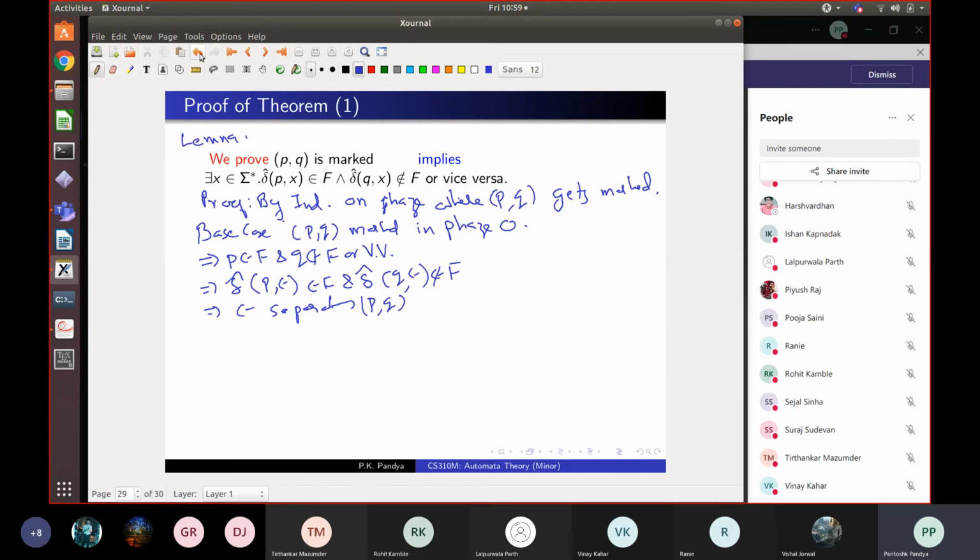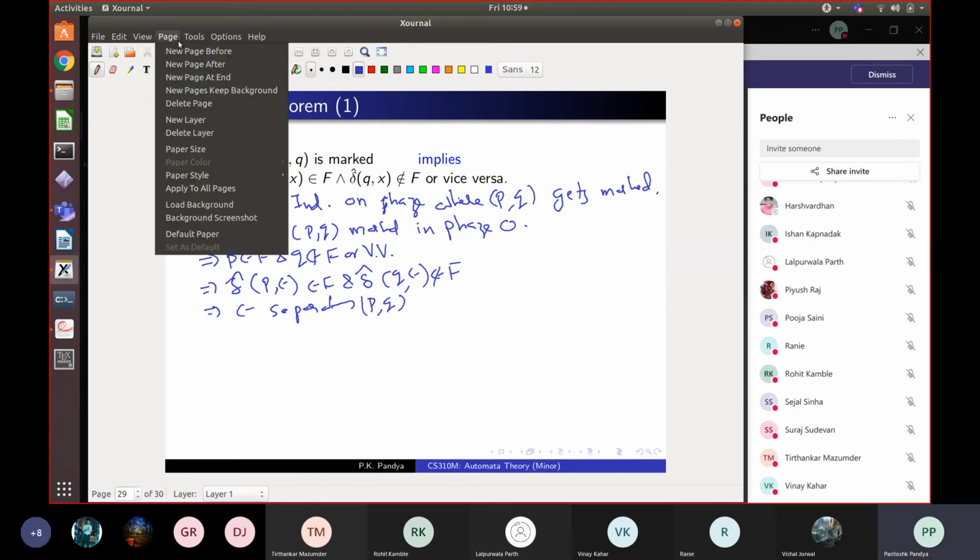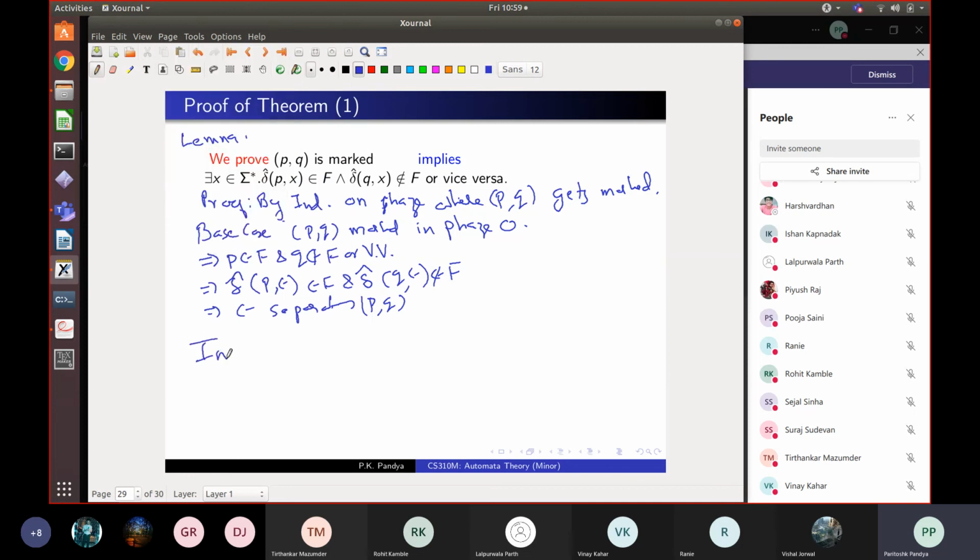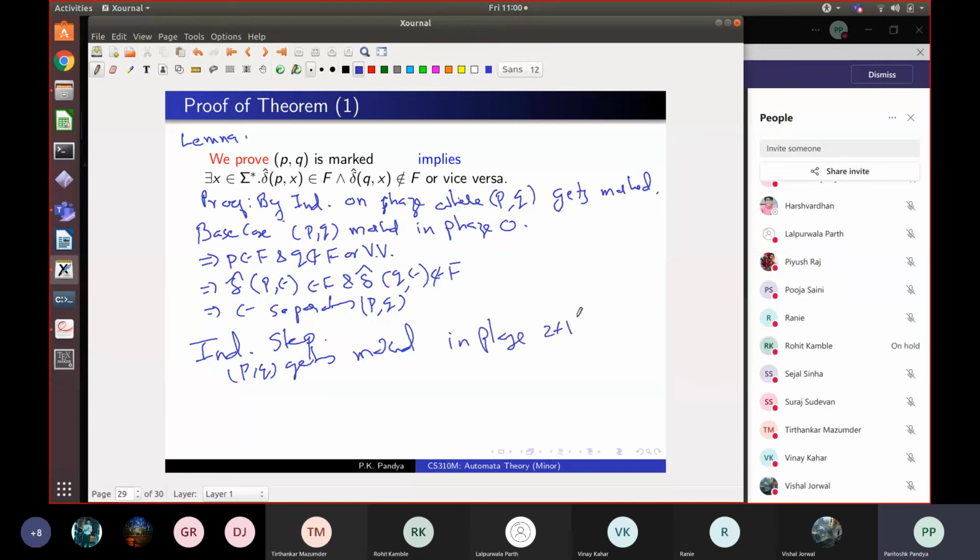Okay, now we consider the induction step. That is, we assume that this property holds for all markings done up to phase i, right? And if PQ gets marked in phase i plus 1, when does that happen?